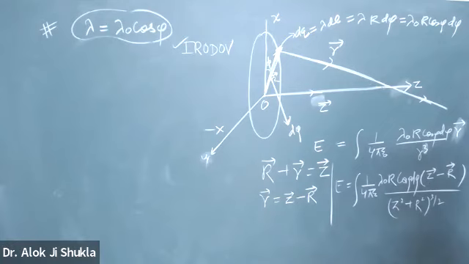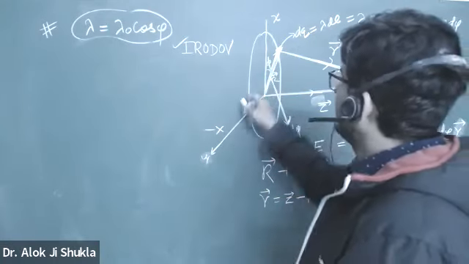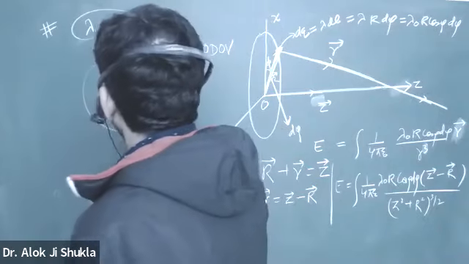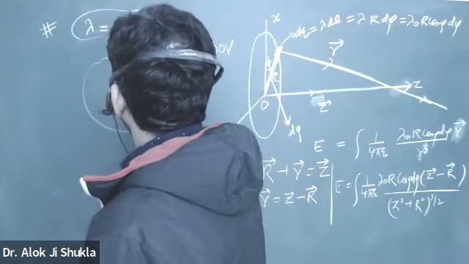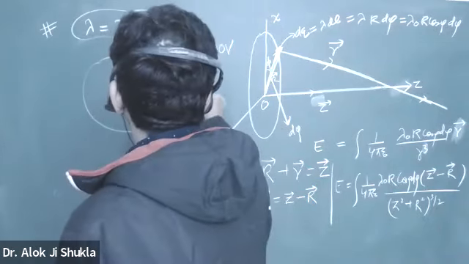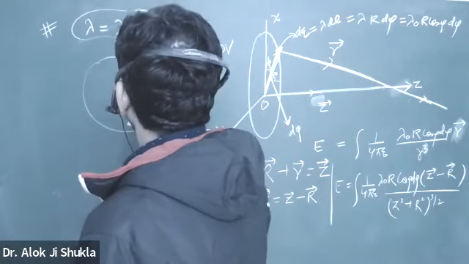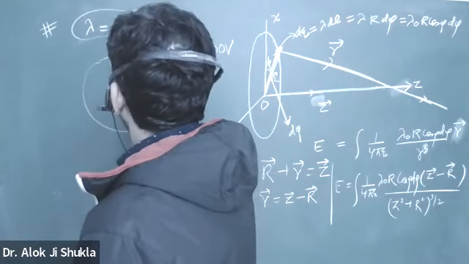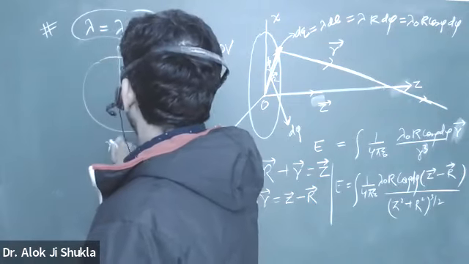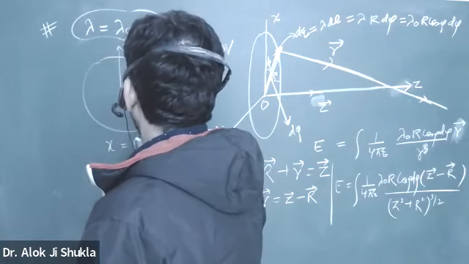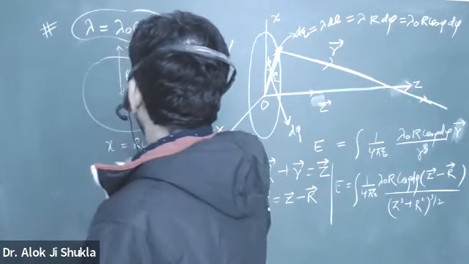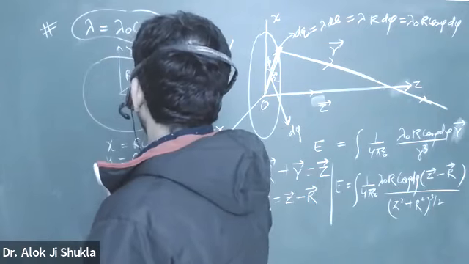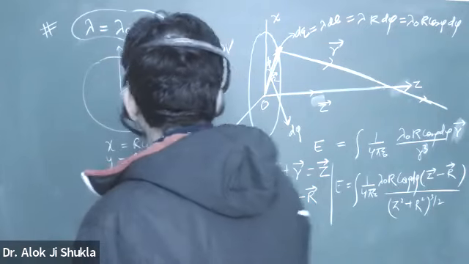Z is separate, but at least r can be written. This vector can be written. This vector is like this, na? Suppose it was like this. So this is r. This is X, correct? This is phi. This is Y axis. So what is value of X? Tell me. r cos phi. What is value of Y? r sin phi.